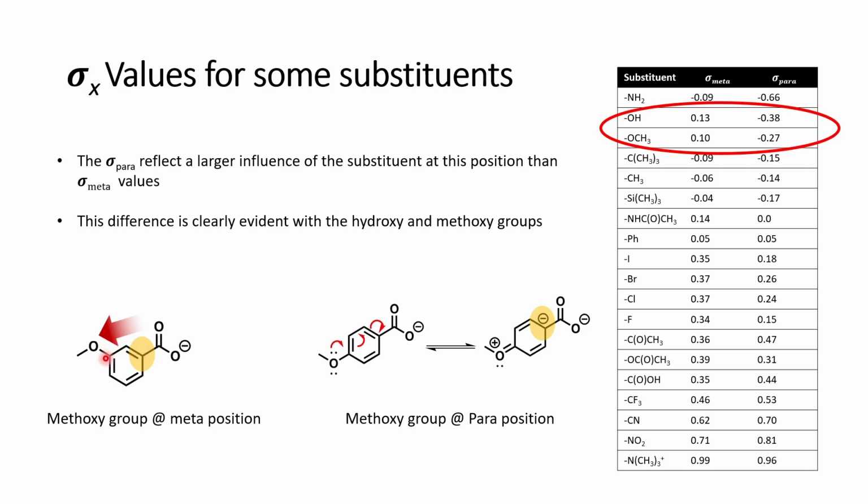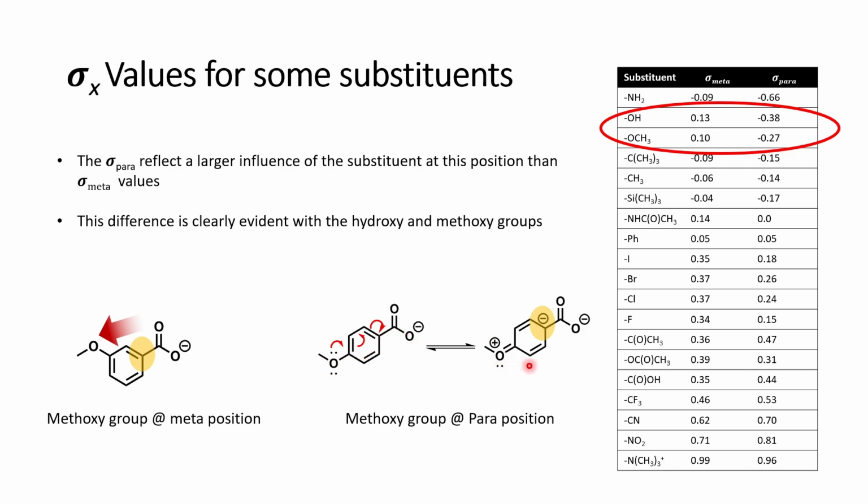In the para position, these groups are electron donating because they have negative sigma para values, and they are electron donating toward this highlighted carbon atom through resonance effect.